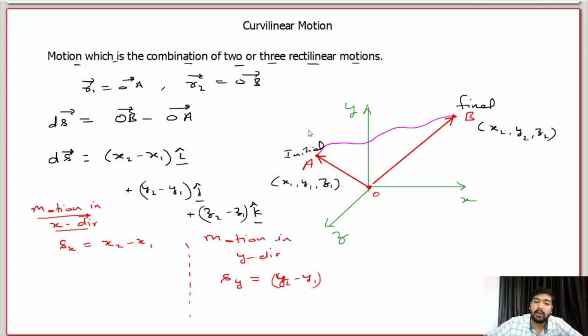Same I'll do with the velocity. Suppose the velocity of a point here is like this, this is ua, and here the velocity in this direction is v.